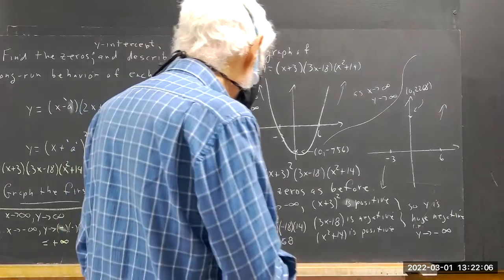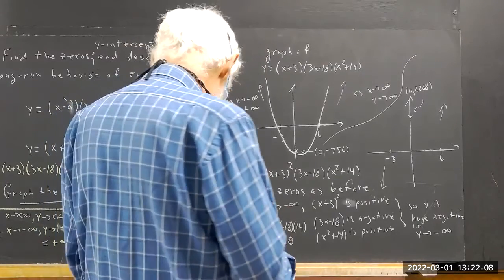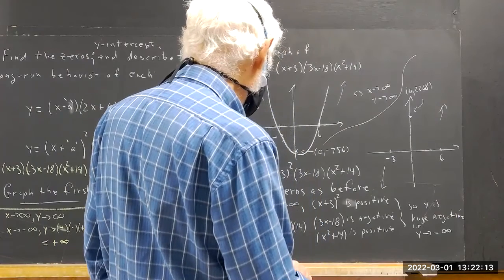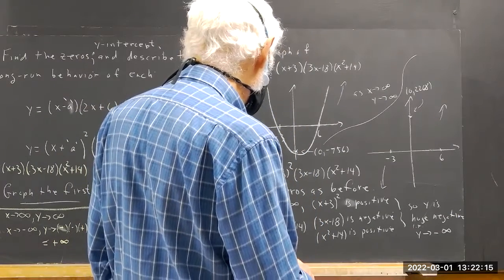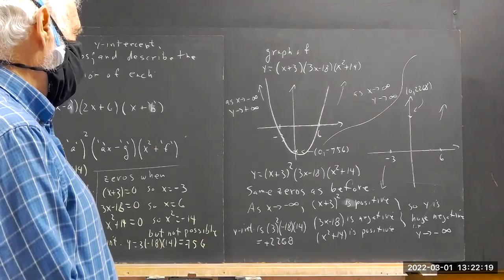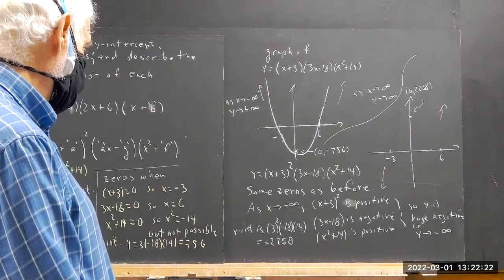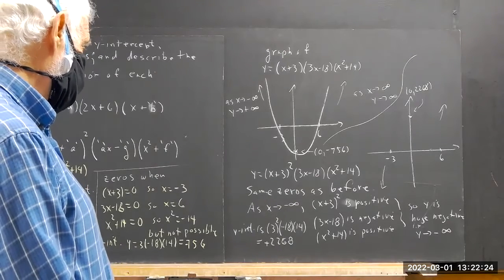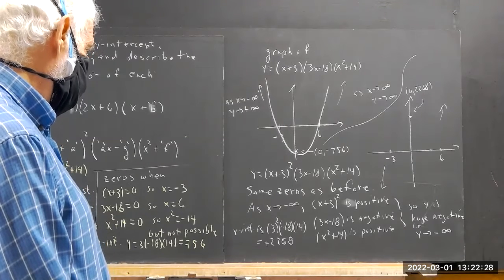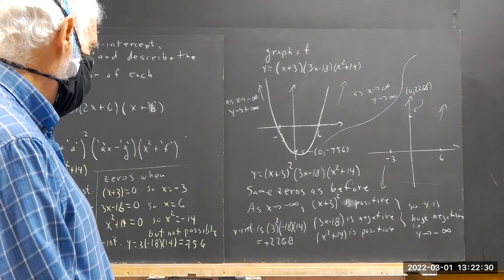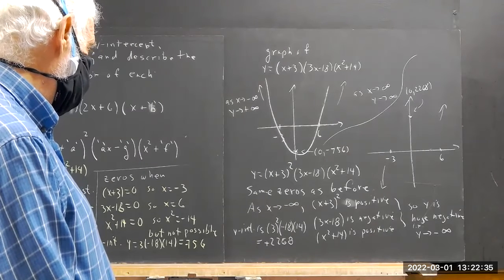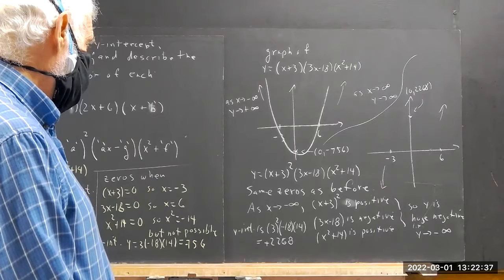Well, here's the answer, and I'll tell you a little bit more about it. Oh, wait a minute now. Can't do that. Well, I've painted myself into a corner. I don't know, something's wrong with what I'm seeing here. It'll be negative there.